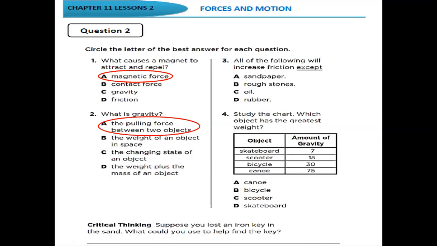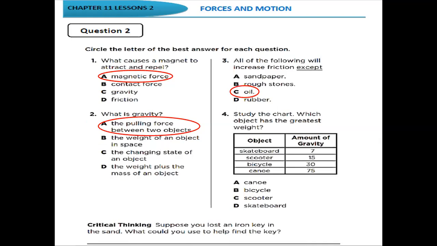Oil, decreasing the friction. Rubber, increasing the friction. So the answer will be oil. The sandpaper, the stones, and the rubber are increasing the friction. They are slowing down the movement, except the oil, which is decreasing the friction. It makes the movement faster.